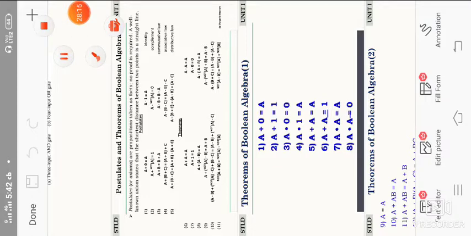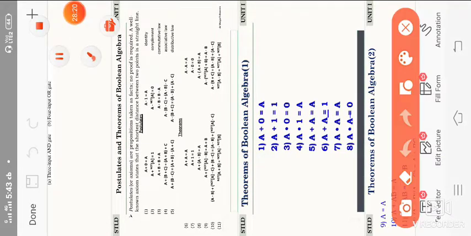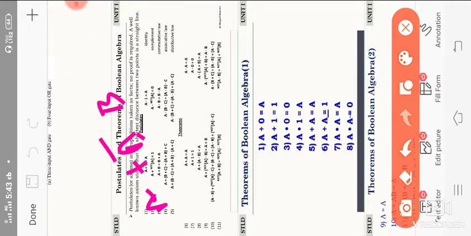Again we have to observe A plus A bar B. Here a letter and its complement is a very, very important law. Whatever letter is there and its complement is multiplying, we note down the letter only, the single letter.